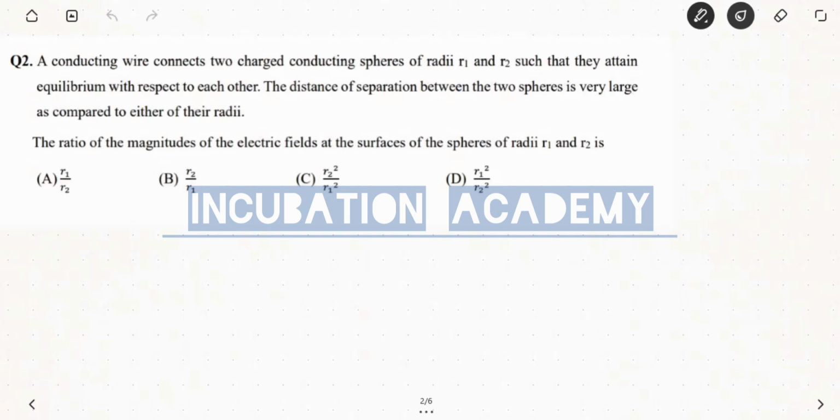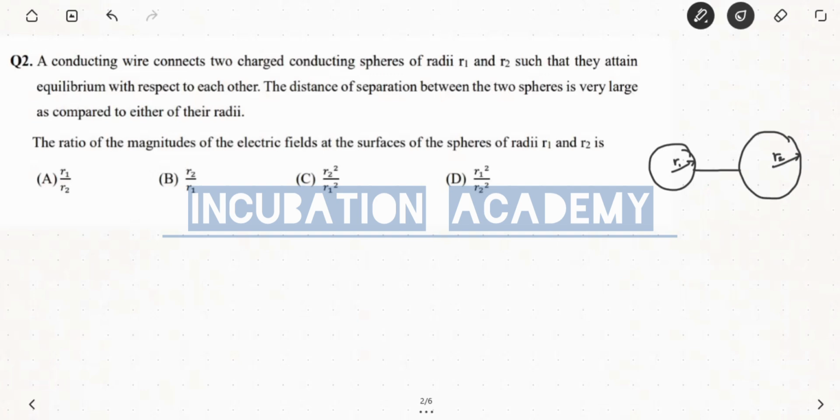If you say this is one sphere of radius r1, and this is another sphere of radius r2, and both the spheres are connected with the help of a conducting wire, then what will happen?